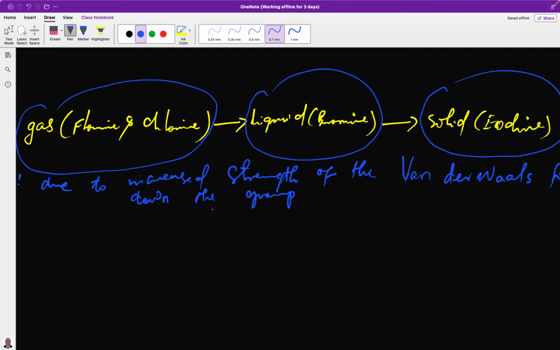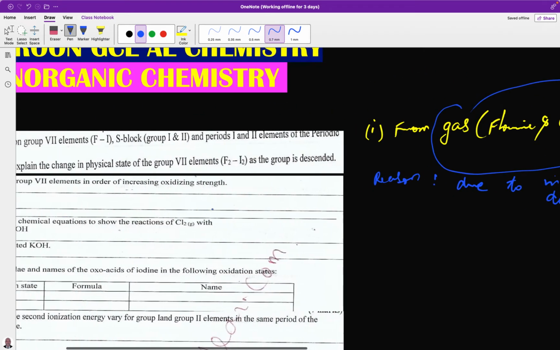When there is an increased strength of the van der Waals forces, high energy is needed to break the molecule. That is why we go from gases to liquid and finally to solid. As you go down the group, there is increase in the number of electrons and in the molecular mass, and subsequently increased strength of the van der Waals forces. Okay, thank you for that.